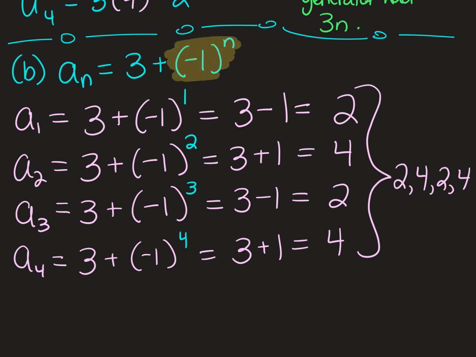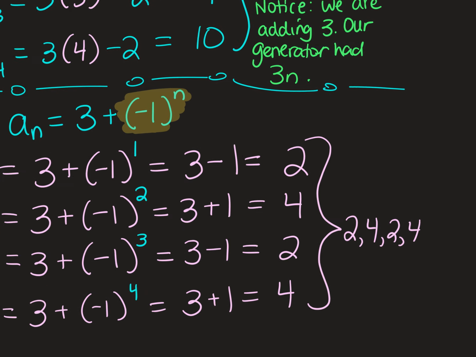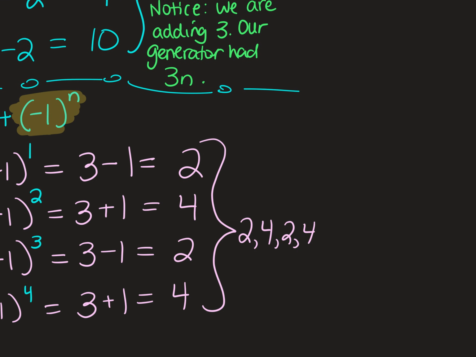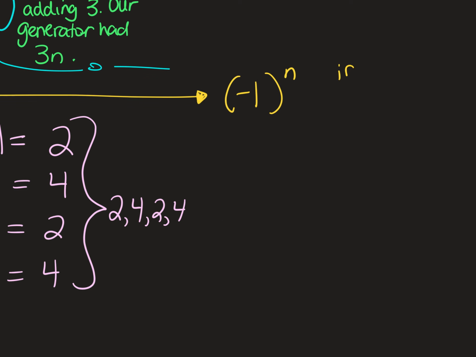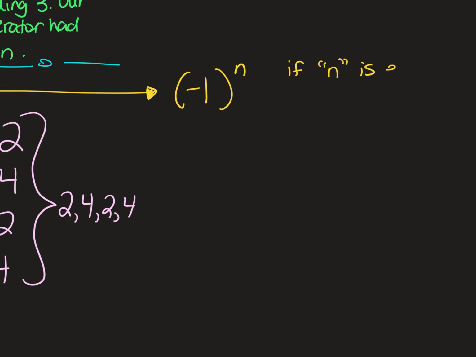So that -1 to the nth power. Let's come over here. I apologize, you can put this wherever you want in your notes. I'm going to put it right here. So -1 to the nth power. If n is even, what is -1 to the nth power going to be?